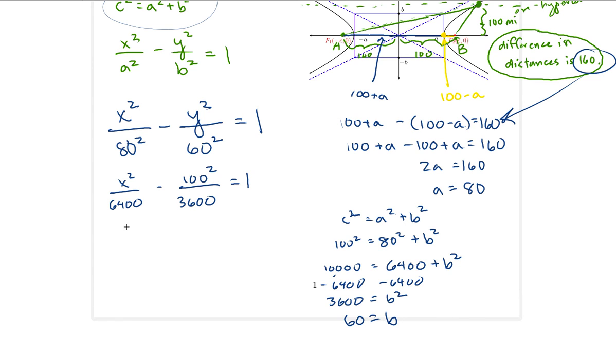And no need to do any serious calculations here. We can just say this is 1 plus 10,000 over 3,600. And then x squared is equal to multiplying both sides by 6,400, 6,400 times this.